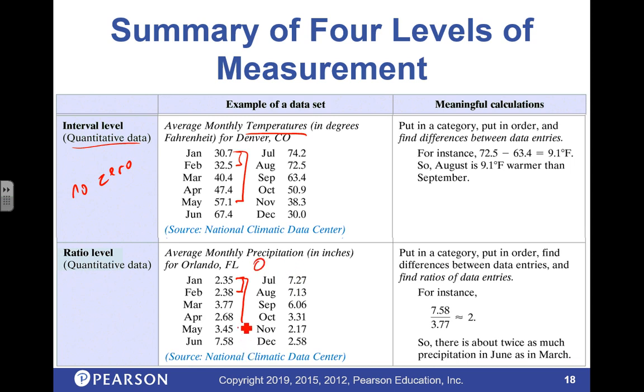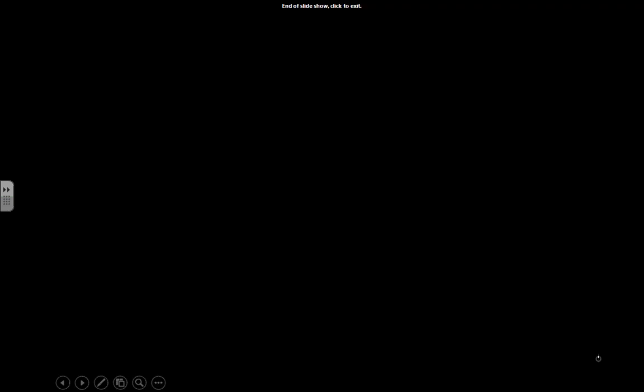If 1 month had an average precipitation of 0, that would mean that in no day did it rain. It was completely dry that year. And a ratio would make sense. September is roughly 3 times or 2.5 times the rain level from January. So there's a significance. This is a multiplier of another year.